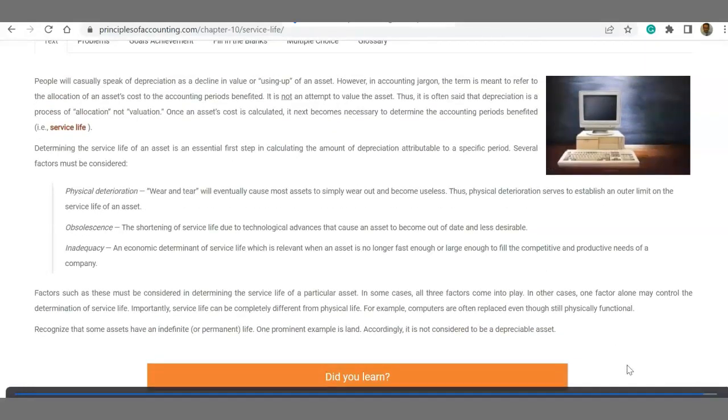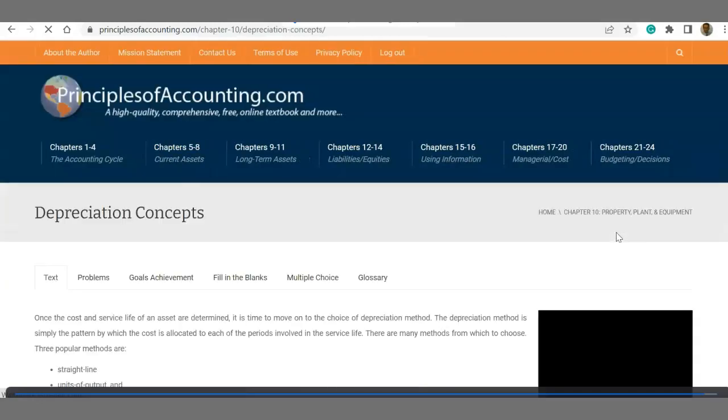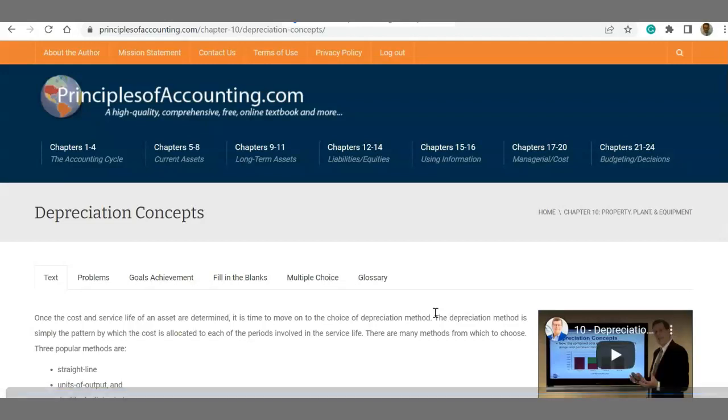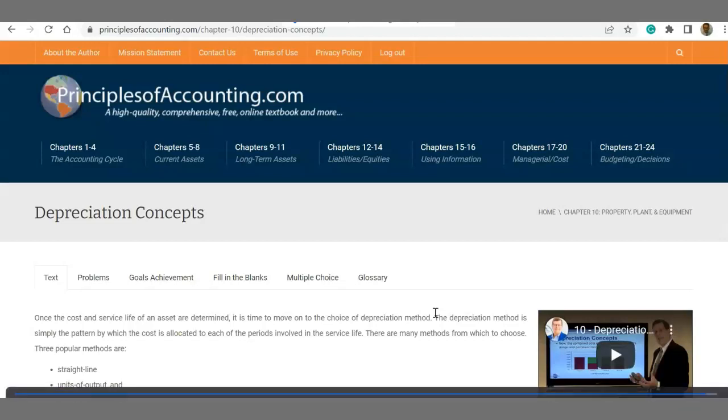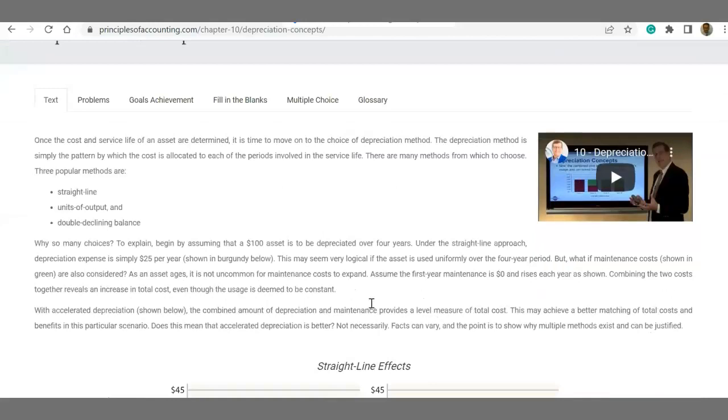One way you already learned is straight line depreciation, which is total cost of the equipment minus residual value, which is estimated, might be zero, might be something, divided by useful life. And that gives you straight line depreciation.